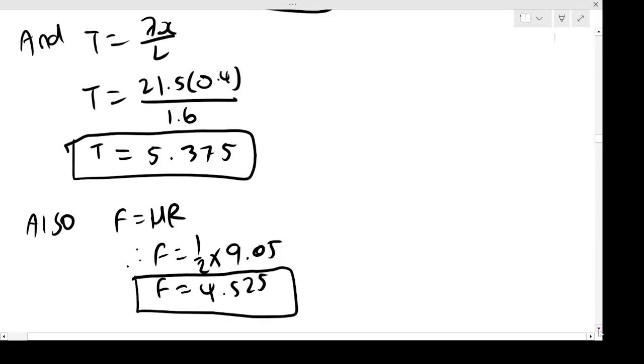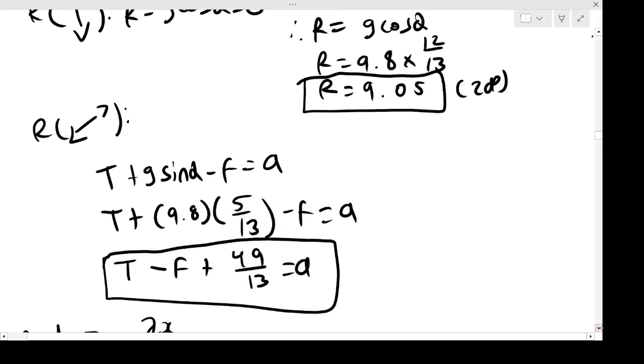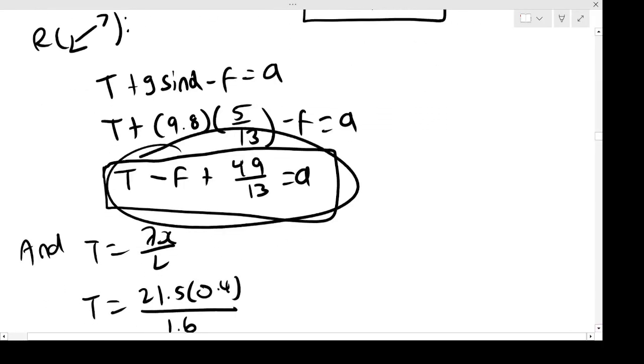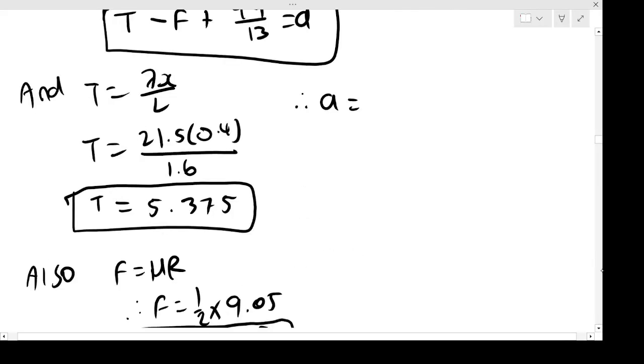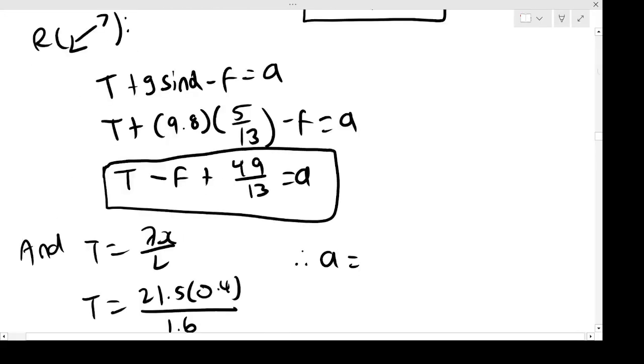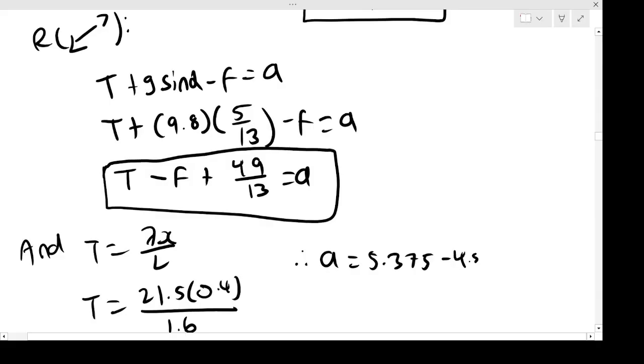Okay, so now we've found T and F. We have the ingredients to work out the acceleration A. So again, we can use this formula here. So that means A is going to be T minus F. So that's going to be 5.375 take away 4.525 plus 49 over 13.